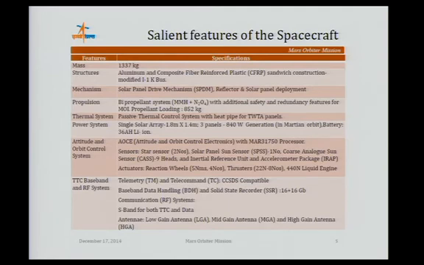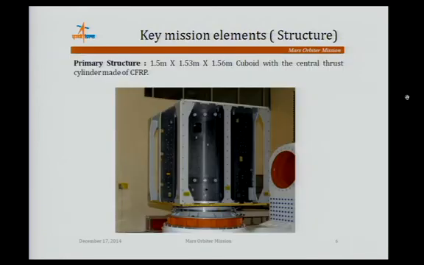And TTC and RF systems, basically telemetry telecommand systems are CCSDS compatible, baseband data handling system and solid state recorder for recording all the data on board, communication system, S-band TTC data system, and mainly 3 antennas to communicate to spacecraft in different phases of mission, that is low gain antenna, medium gain antenna, and high gain antenna. Next. This basically shows the structure, which is a 1.5 meter by 1.53 meter by 1.56 meter cuboid structure, which is made up of CFRP material.